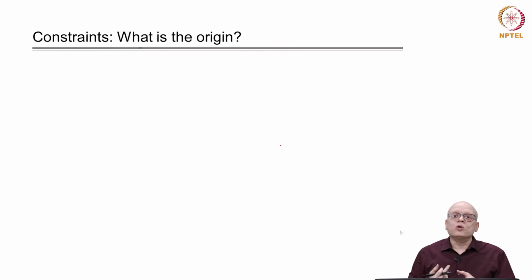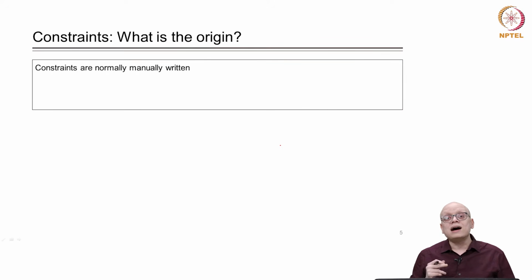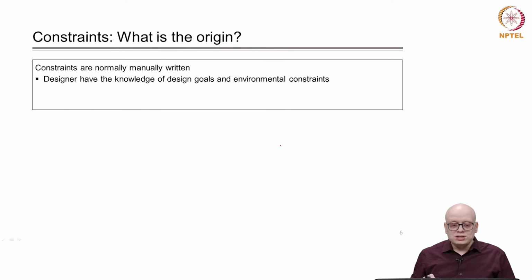Now, what is the origin of the constraints file, how do we get it? Normally, constraints files are written manually. Why are they written manually? Because the designer has certain knowledge or information which the tool cannot derive. For example, in our design, there is a port which will receive a clock from an external source.